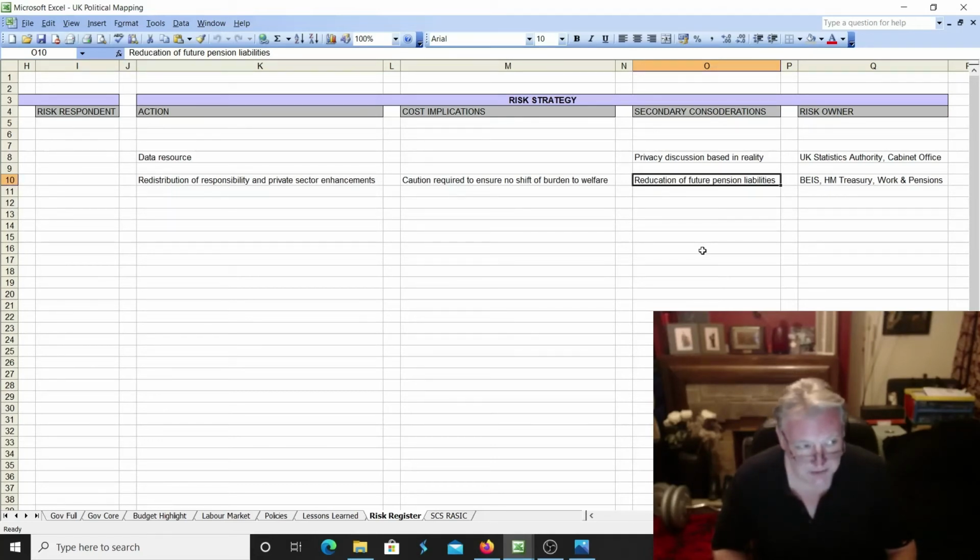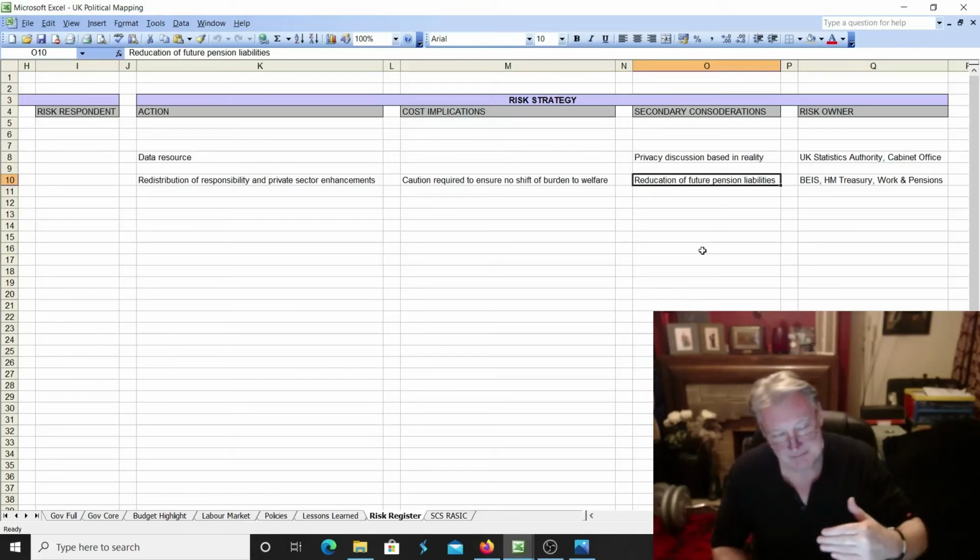The people that do work in the public sector, depending on the type of role that they're playing. I mean, so this isn't a blasé sort of across the board type of comment, but some people will be paying in an additional amount to get a better pension later on.